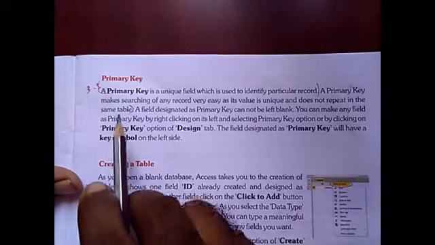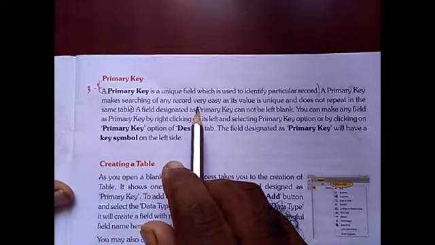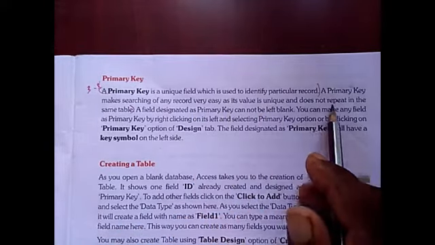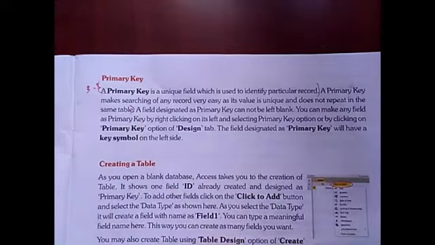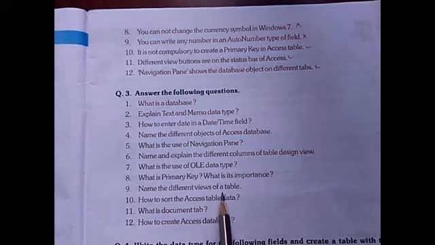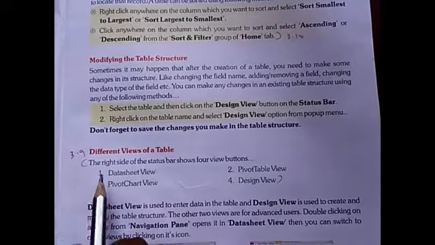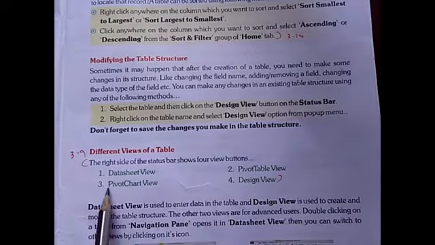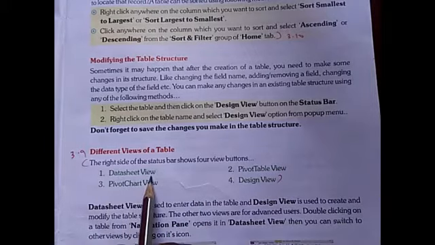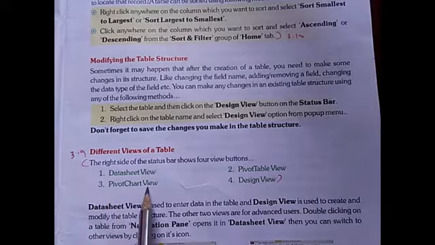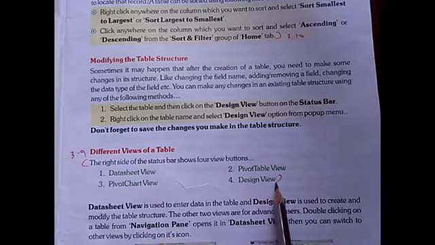A primary key makes searching of any record very easy, as its value is unique and does not repeat in the same table. Next question is, name the different views of a table. Answer: the right side of the status bar shows 4 views button. 1. Data sheet view. 2. Pivot table view. 3. Pivot chart view. 4. Design view.